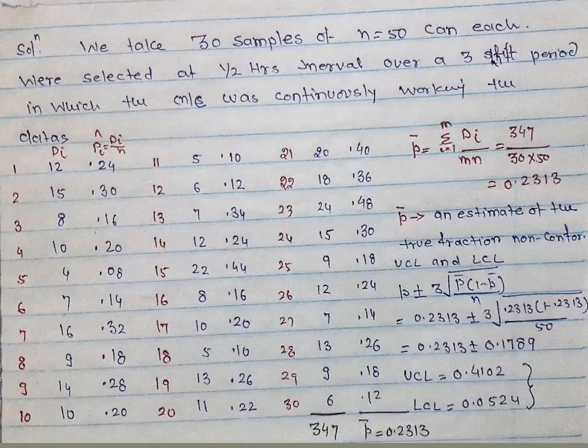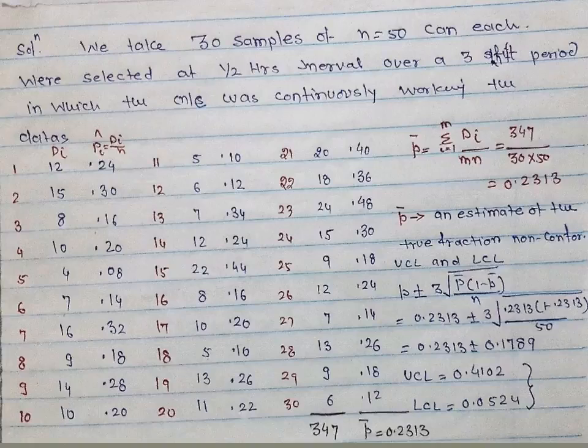In the first sample, when we collect the 50 cans at the beginning and inspect all of them, we observe that 12 cans are non-conforming. That means there is some leakage either in the lateral sides or the bottom panels. In sample 2, the non-conforming are 15. In sample 3, it is 8. In sample 4, 10, then 5, 4, and so on.